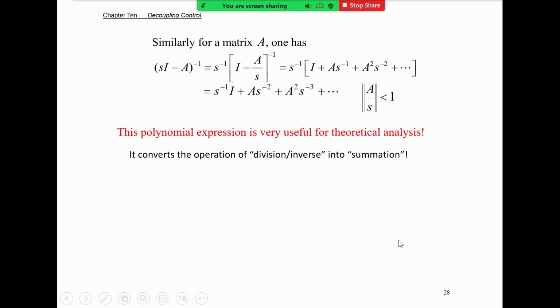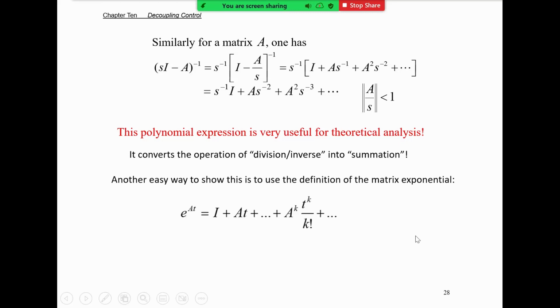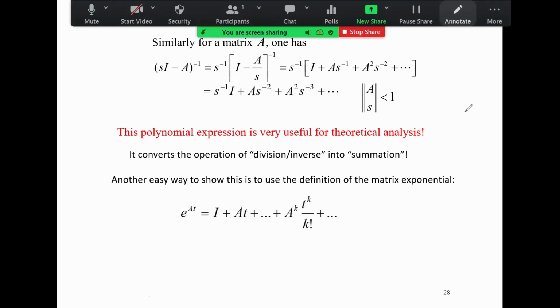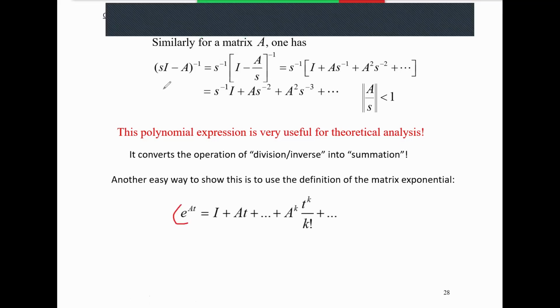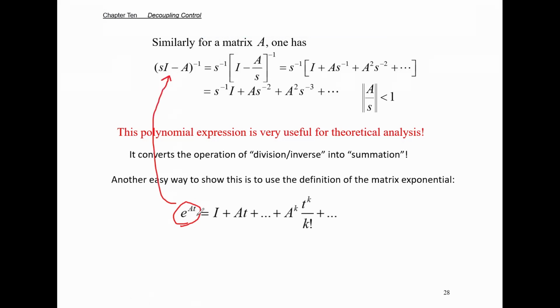There is also another way to look at this expression. You can show it from the definition of the matrix exponential, which you have learned in part 1. If you take the Laplace transform of both sides, the Laplace transform of e to the At is SI minus A inverse.